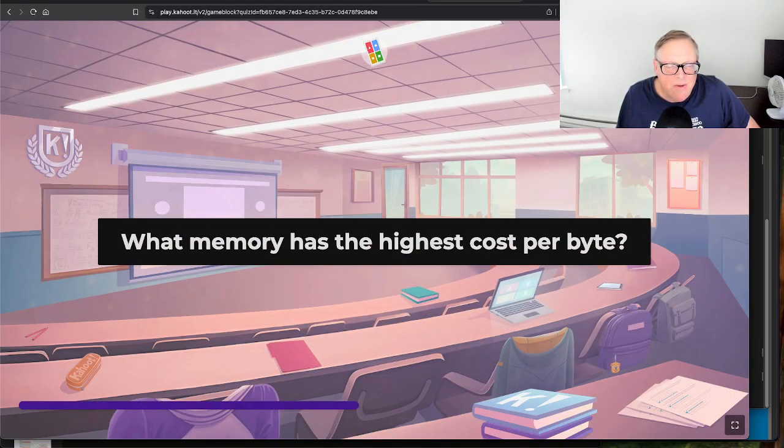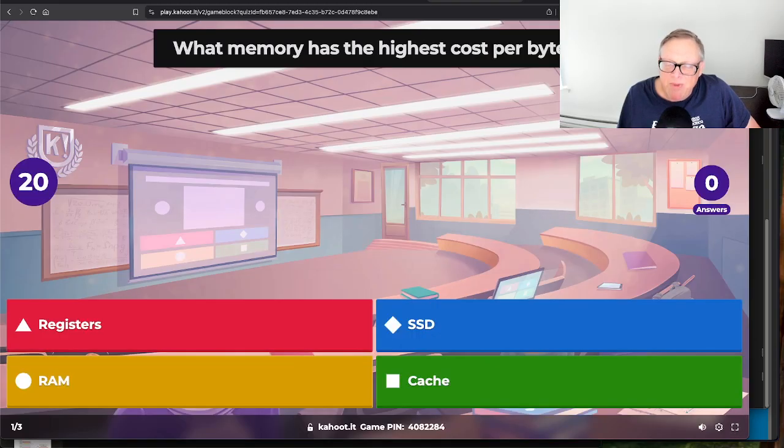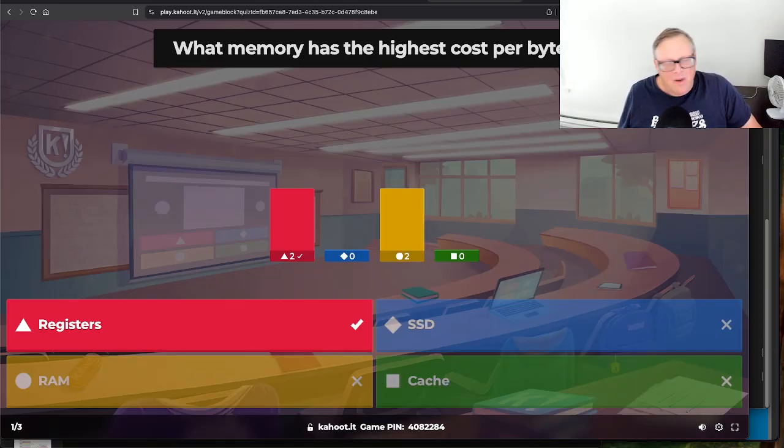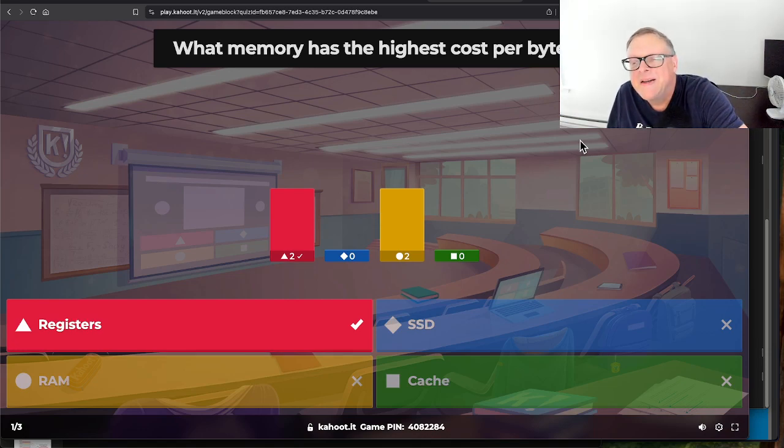All right. What memory has the highest cost per byte? All right, the registers are the fastest and most expensive. All right, I got an echo, which I don't know how to get around here. Anyway.